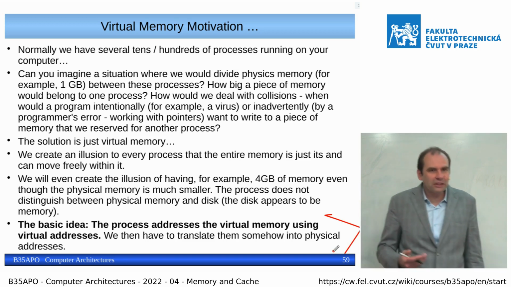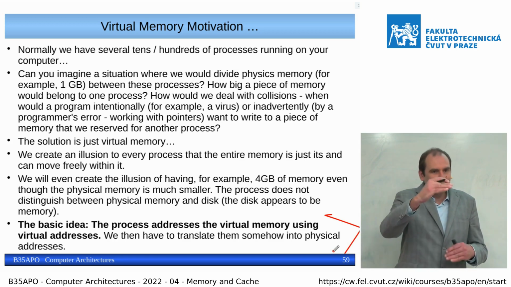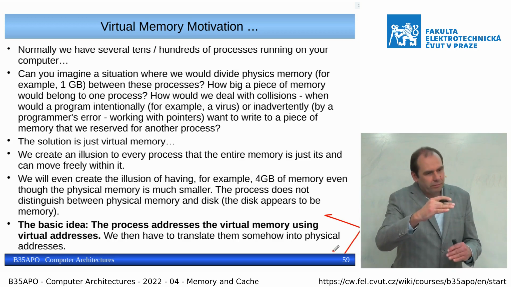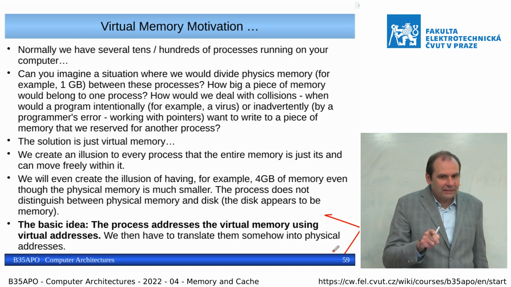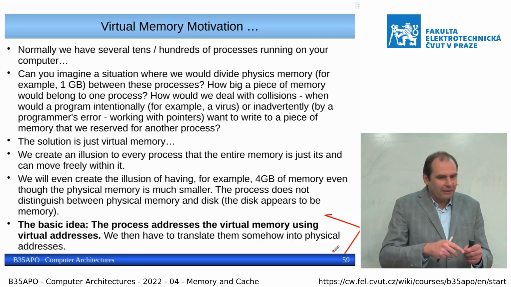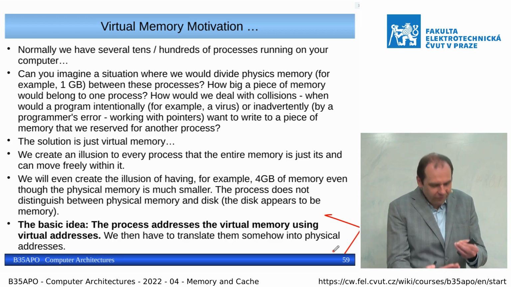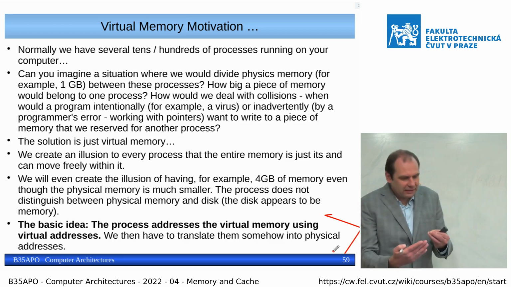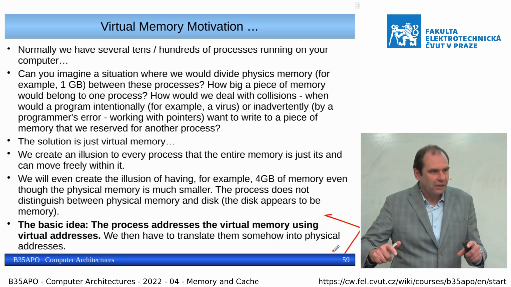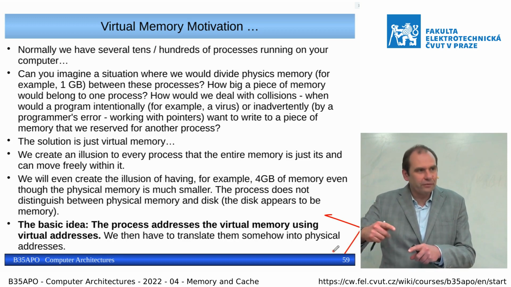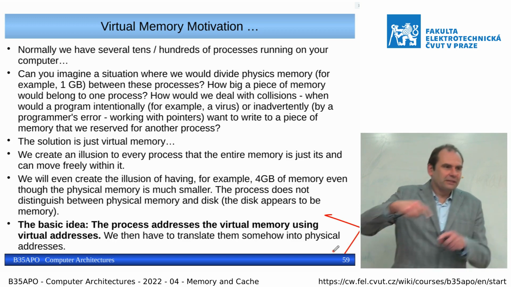And it works in such a way that we map a physical memory to some bigger address space of the processor or process. And when we access an area which is not backed by the physical memory, then we put some part of the physical memory to the disk and use another area of the disk to keep the contents which we can swap in and work with.